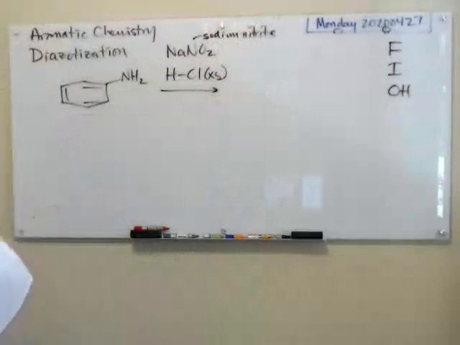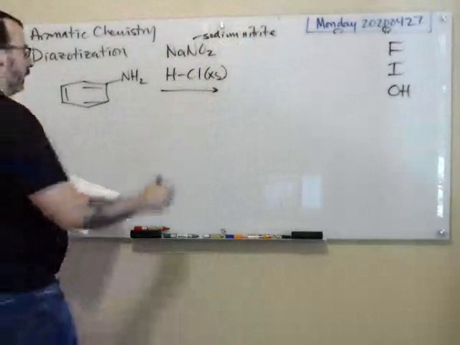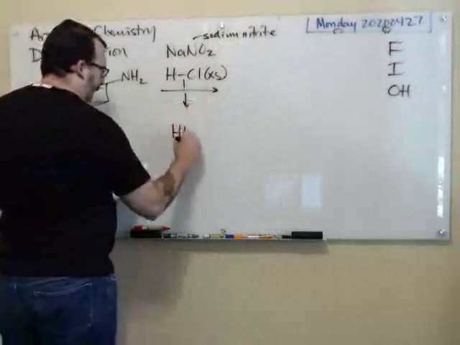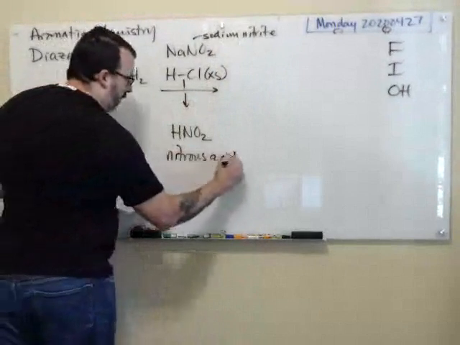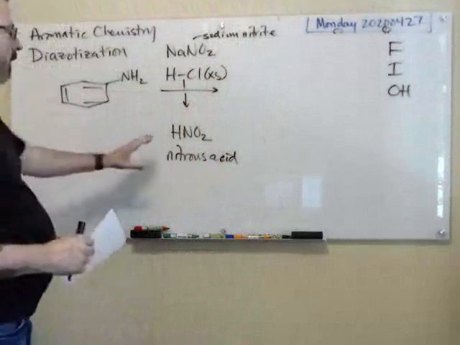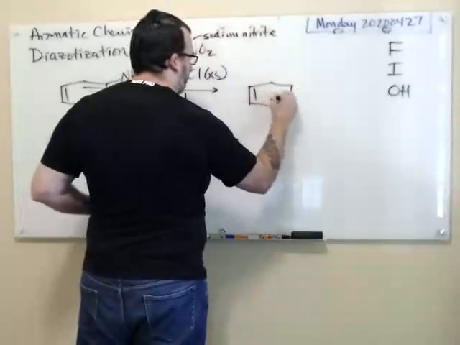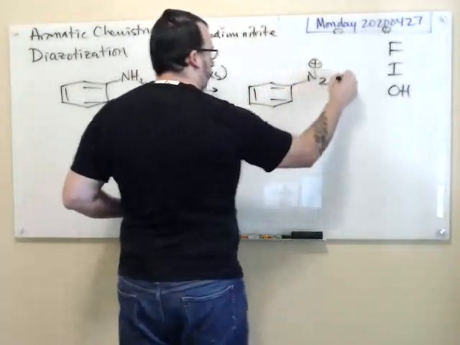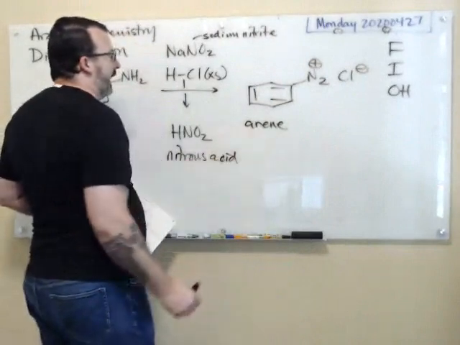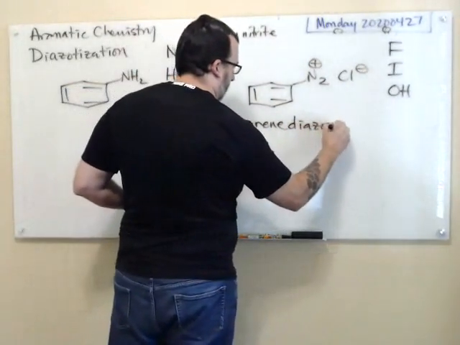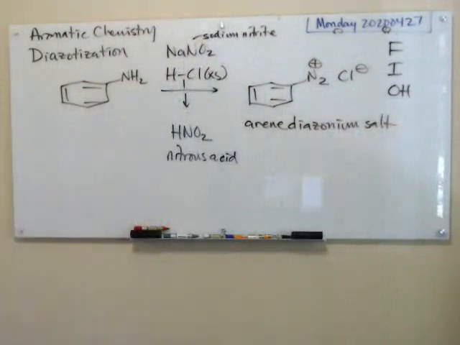Nitrate is NO3. Sodium nitrite, excess hydrochloric acid. This will generate HNO2, which is called nitrous acid. I'll show you the mechanism for how this works, but now I'm just giving you the conditions. The nitrous acid transforms this into the following intermediate, which is called an arene, A-R-E-N-E, arene diazonium salt. It's a salt because the nitrogen's plus and the chlorine's negative.